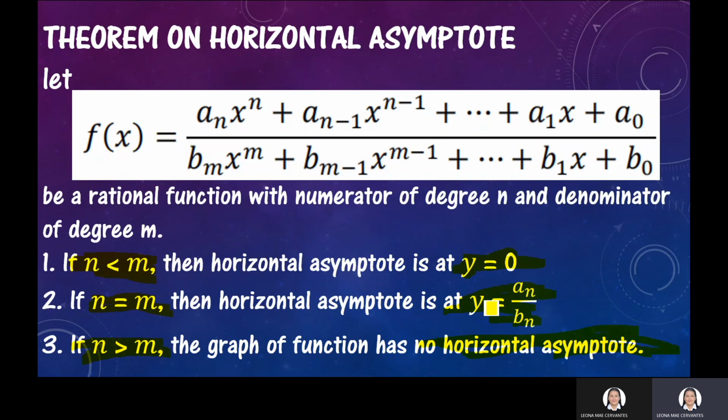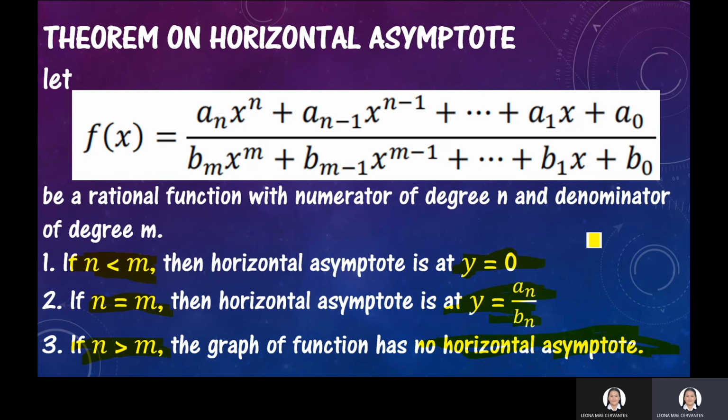So again, vertical asymptote, denominator equate to 0. Horizontal asymptote, if n is less than m, y is equal to 0; if n is equal to m, y is equal to a sub n over b sub n; if n is greater than m, no horizontal asymptote.